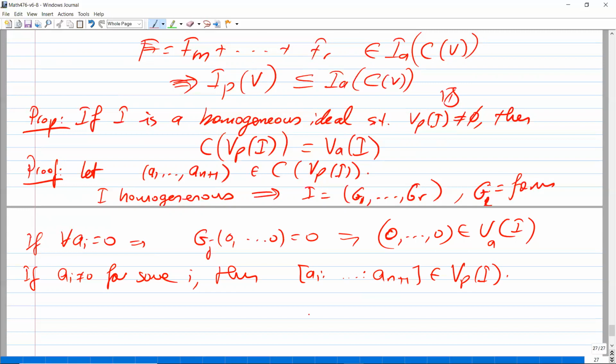Now that's in VPI. So let F be a polynomial in the ideal, and let Gj be a generator.